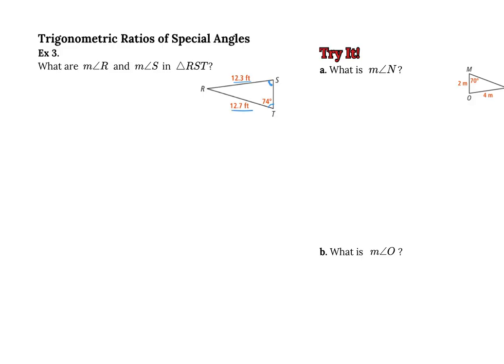I'm going to set up my angle that I know, sine of 74, over its opposite side, 12.3, and then set it equal to the angle S, sine of S, over its opposite side, which I know, 12.7. I cross multiply.